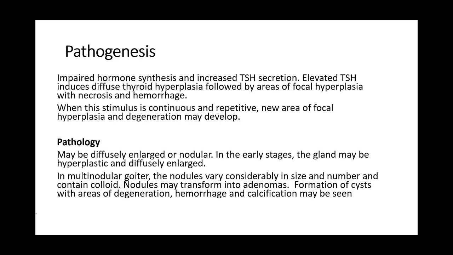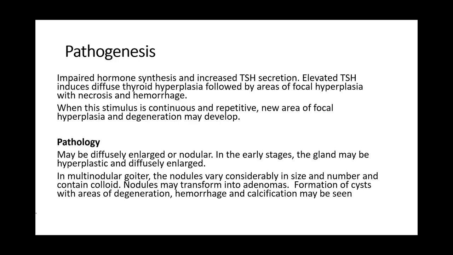And these will cause varying consistency of the gland. Some areas might even appear cystic, with hemorrhages into these areas. When this stimulus is continuous and repetitive, new areas of focal hyperplasia and degeneration may develop.